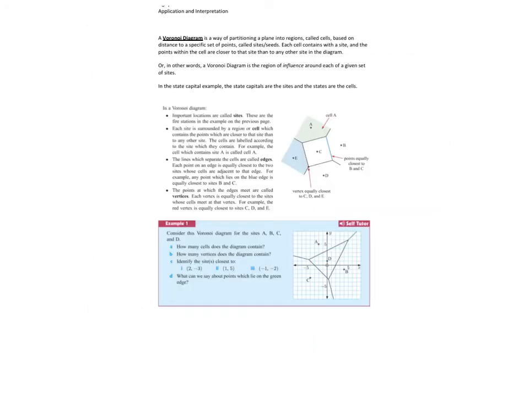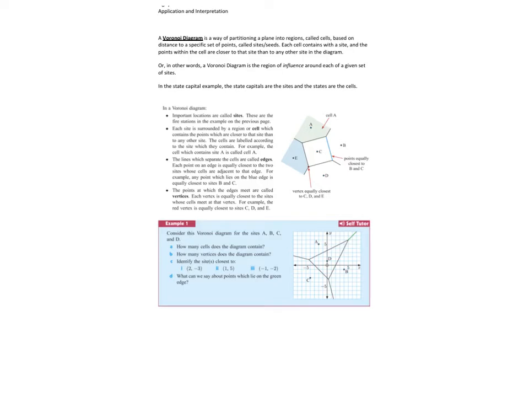All right, before I answer that question, let's take a look at the definition of a Voronoi diagram. So it's a way of partitioning. Partitioning means dividing a plane into regions called cells. So vocabulary is important. All those regions that we created, those are called cells, based on distance to a specific set of points, or a point called a site or a seed. We're going to call them sites.